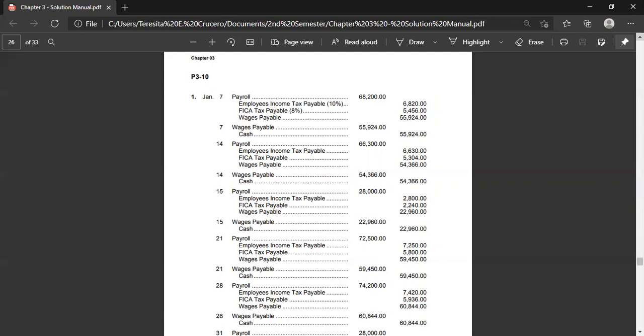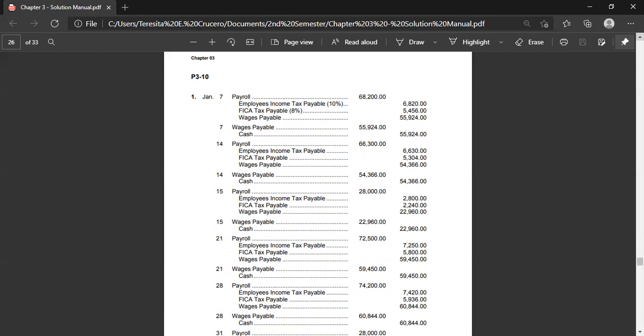So we now debit to payroll 68,200 as given. Then we deduct employees' income tax payable, the rate of 10%. Actually, since we took up the exercises, we already have the tax rate applicable to employees income tax. So we have the rate of 10%.